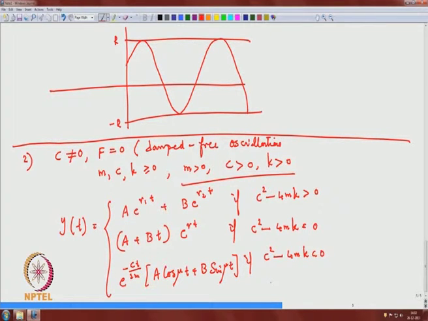And what is mu? Mu is nothing but 1 by 2m square root of 4mk minus c square.